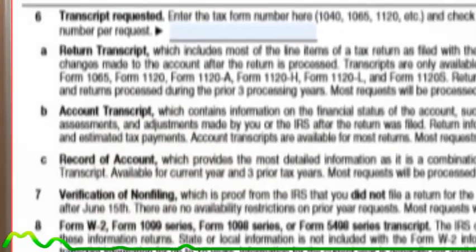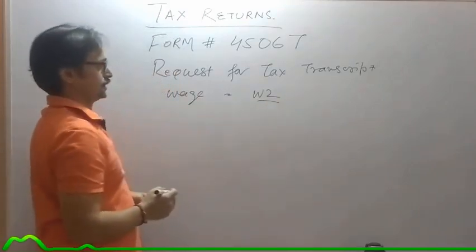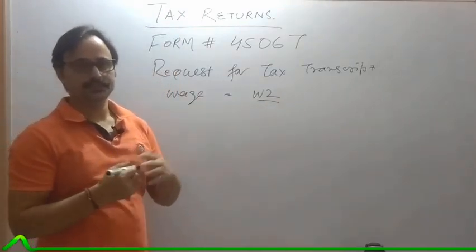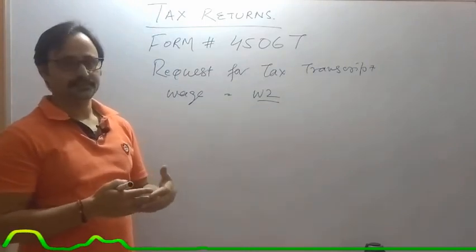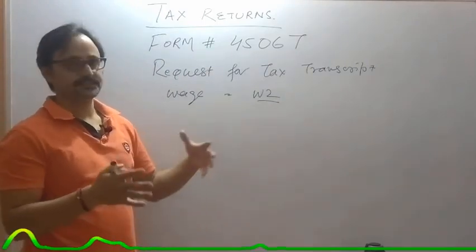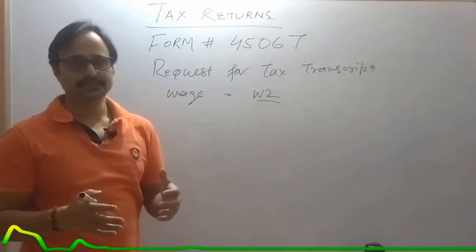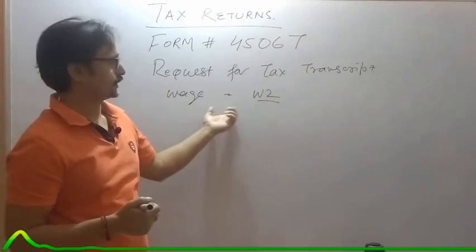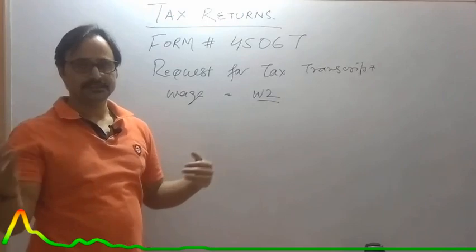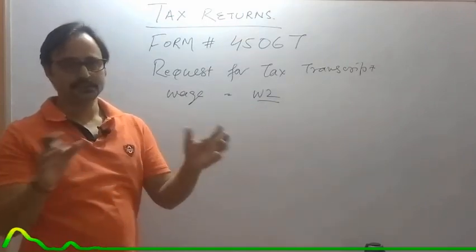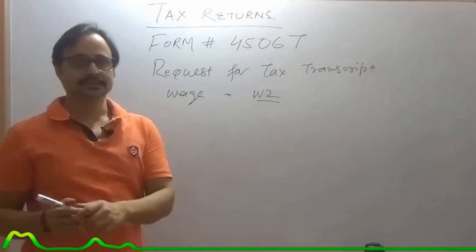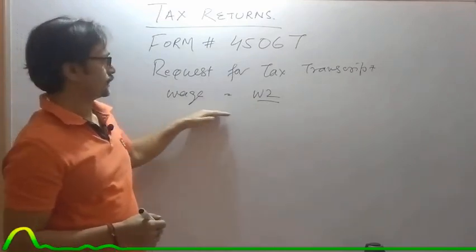Remember, W2 is the yearly statement. Any wage earner will get a statement of whatever taxes have been deducted from their income by their employer: this is your total earnings, and these are the taxes deducted from your wages.